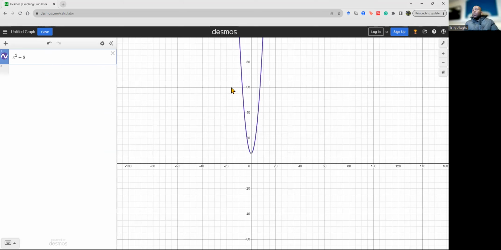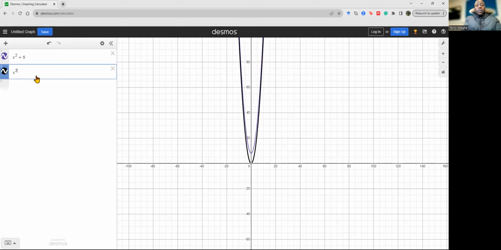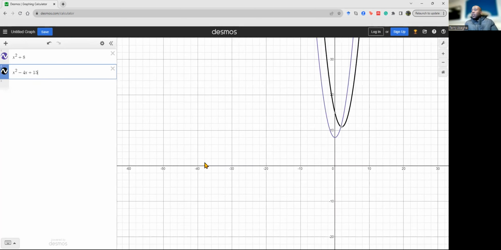Then we're told that the new answer we got for the second one was x squared minus 4x plus 15. Okay, so if you look at this graph.